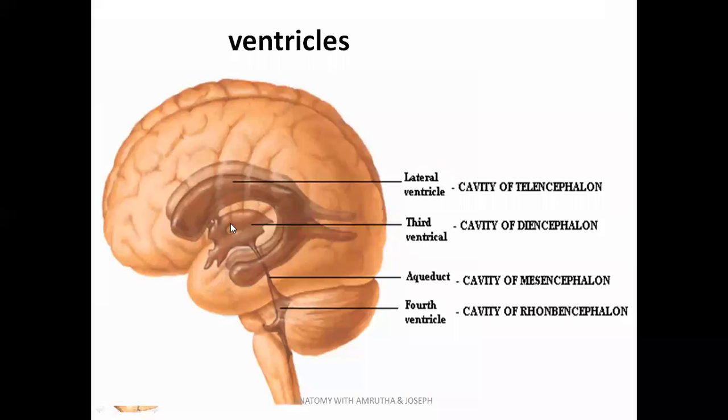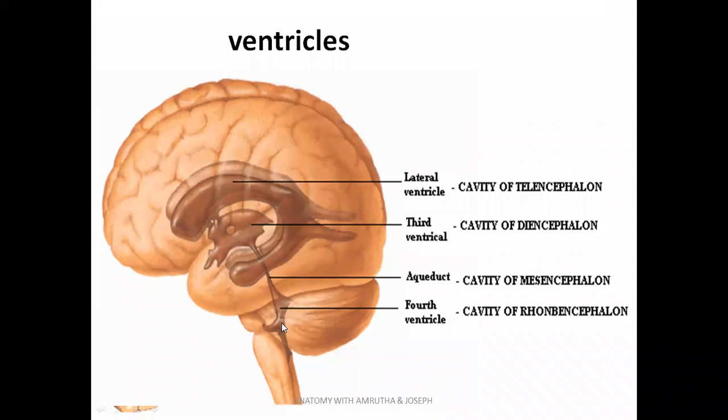Third ventricle is a cavity that is in the diencephalon. Diencephalon is going to give rise to thalamus, hypothalamus, metathalamus, epithalamus, and so on. Then the cerebral aqueduct. This is a cavity of mesencephalon. Mesencephalon is going to give rise to midbrain, which we saw already.